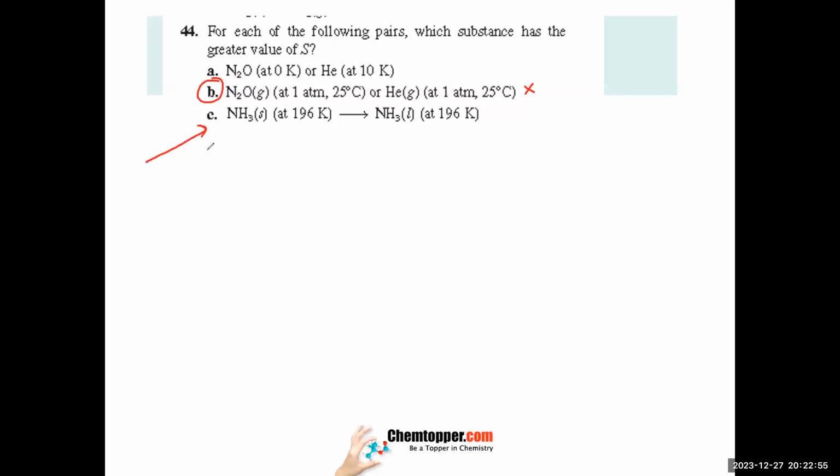Now let's see the C part. This is easy. Can you answer? Very easy. Which one has greater entropy? This one or this one? Temperature is same, you can see. So which one has greater entropy?